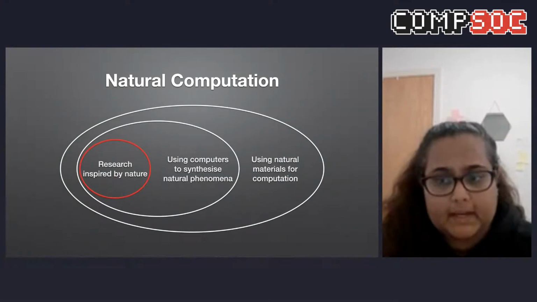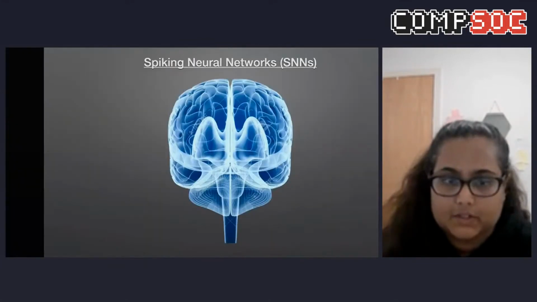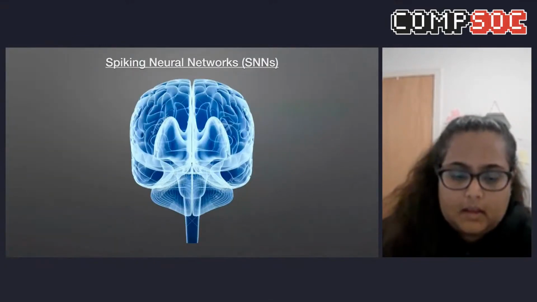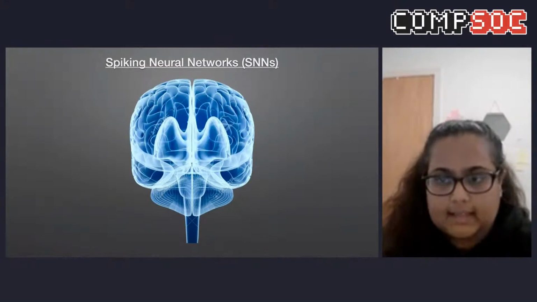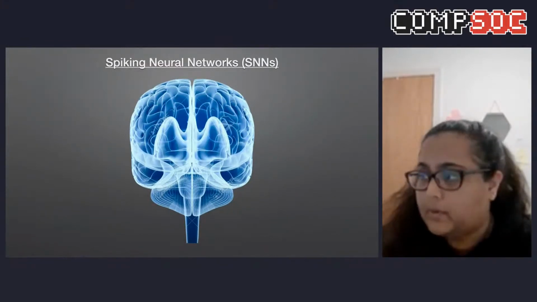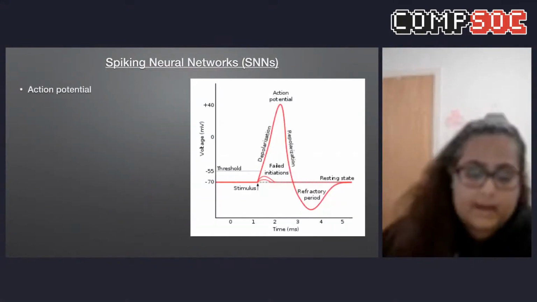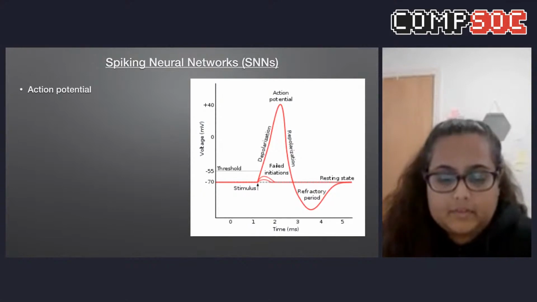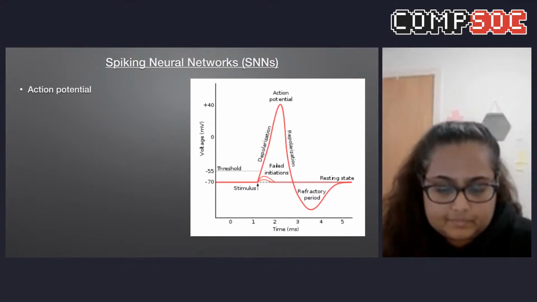So here I'm coming back to the spiky neural networks, or SNNs, that I mentioned earlier. The innovation here is that they incorporate the concept of time with a property called the action potential. And as a result, they're considered third generation neural networks.